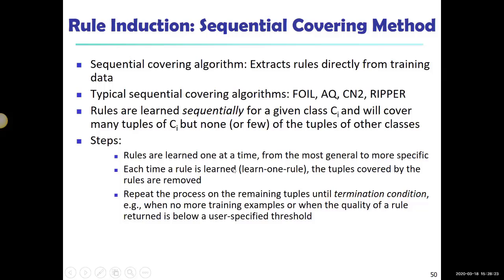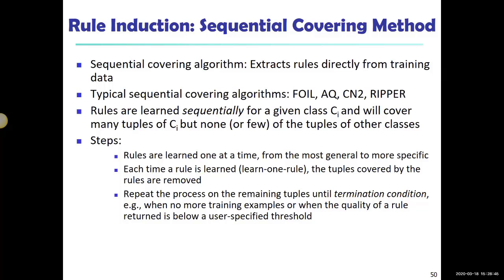Each time a rule is learned, the tuples that are covered by that rule are removed. So then the next rule is going to be learned on this fresh start, again from the most general to the most specific, using the remaining tuples.